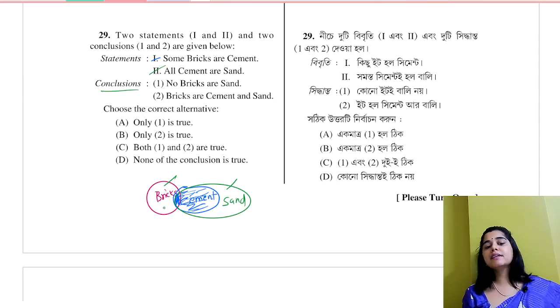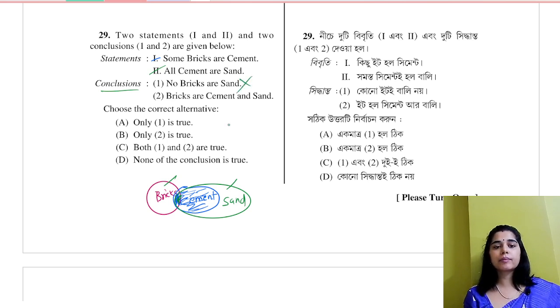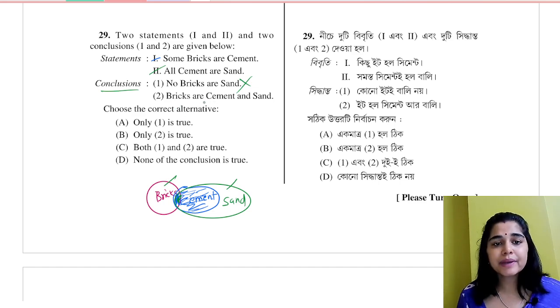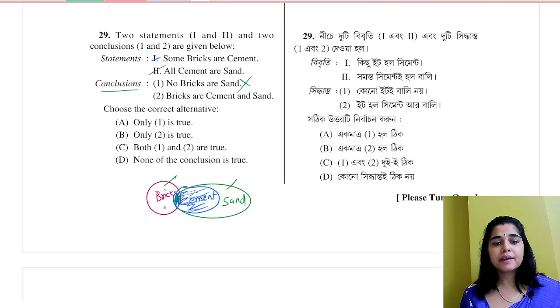But there we can see the bricks and sand, there is also a part of them. So this one is wrong. Bricks are cement and sand. Yes, here is the cement, and the whole portion of sand is also. So this is correct.